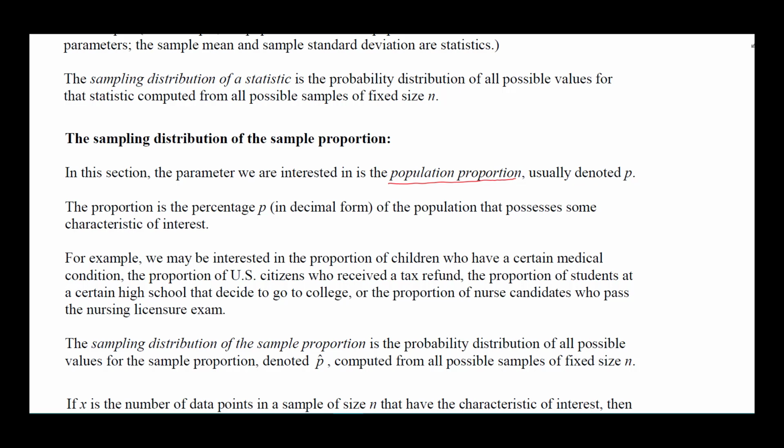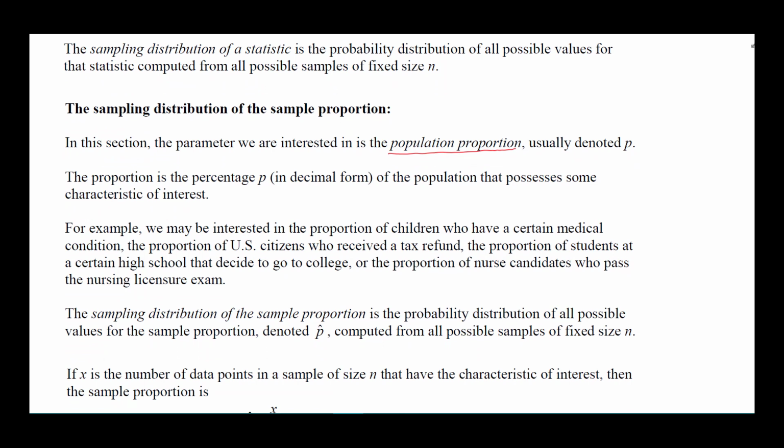And then if you throw all of those sample proportions in together, then that's the sampling distribution of the sample proportion. And we indicate the sample proportion with a lowercase p with a little hat over it. So we call this p hat. If we're speaking about it in words, we'll call it p hat, but if we write it, it's a p with a little party hat on top.